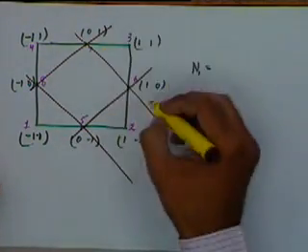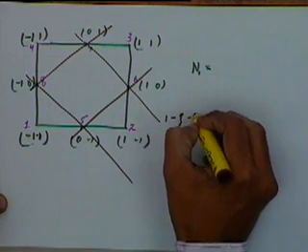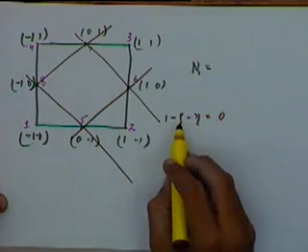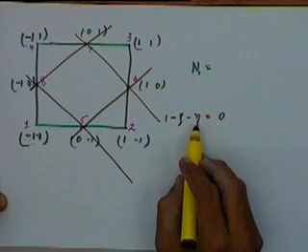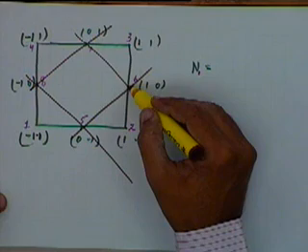The equation of this straight line would be 1 minus zeta minus eta equal to 0. That means along this straight line you will find zeta plus eta will be equal to 1. You can verify it at these 2 points, zeta plus eta will be equal to 1.